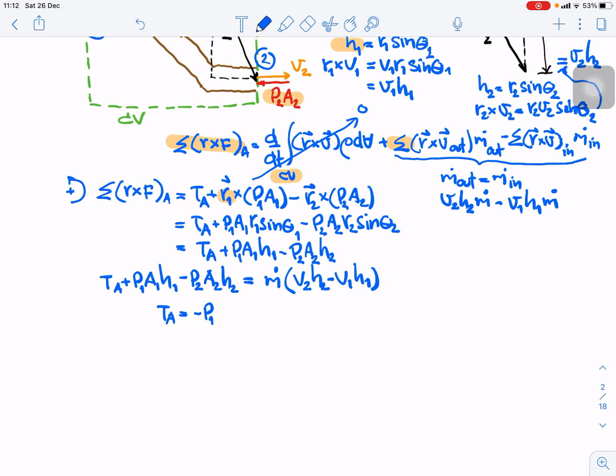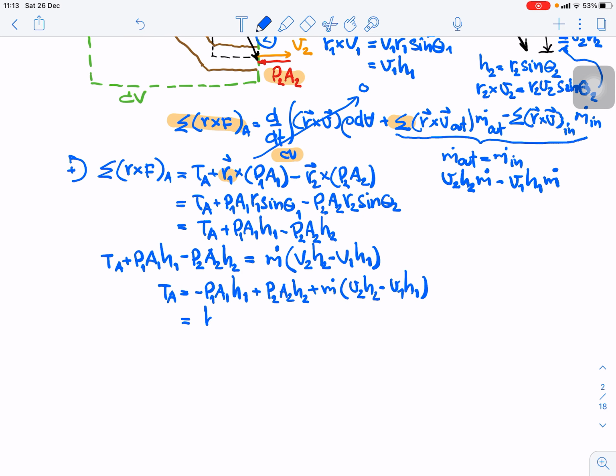TA equals, moving P1A1 H1 to the right hand side, we make a new grouping of H1 and H2 together.